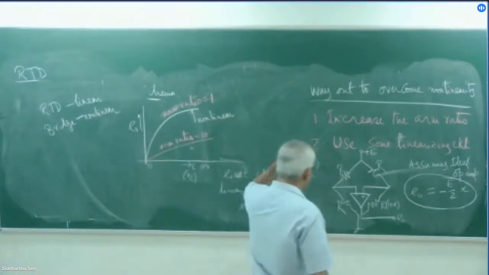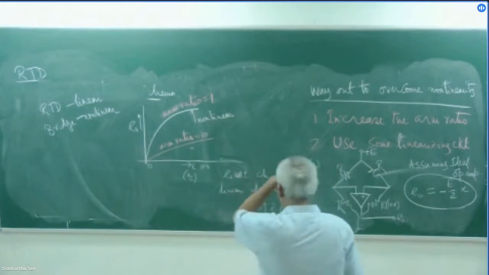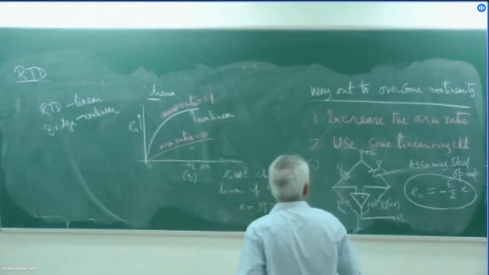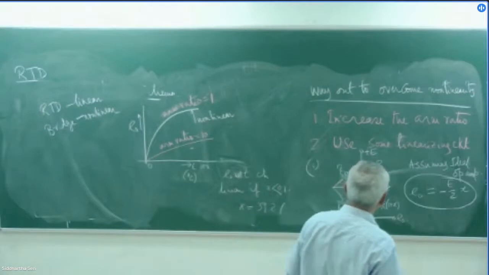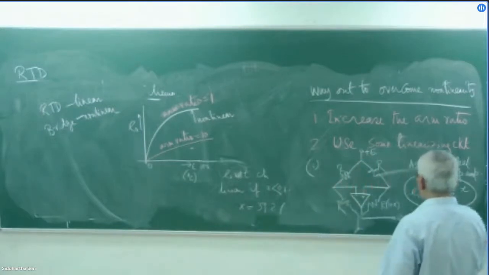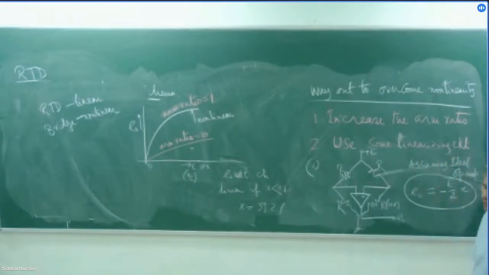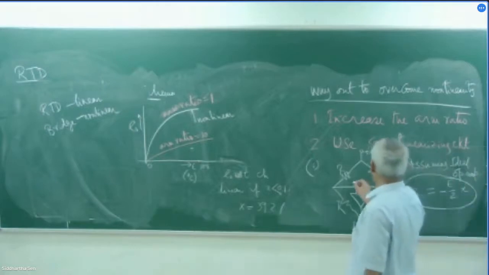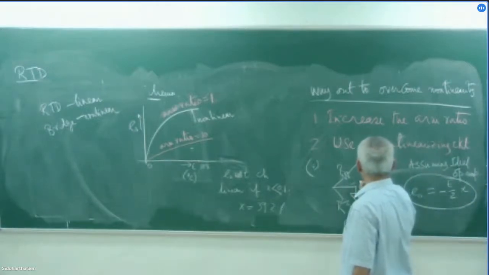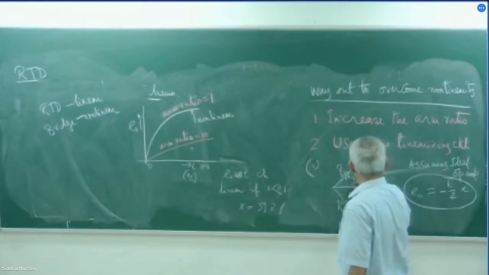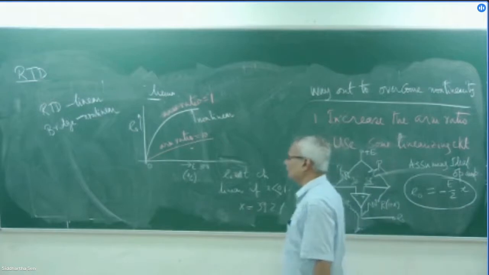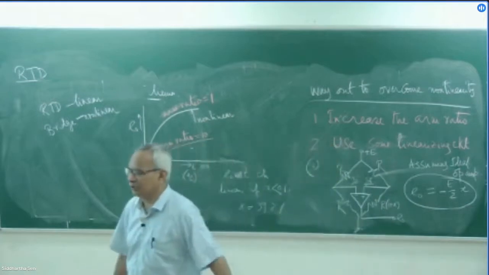But if I make some changes, the bridge output can be proportional to the linear RTD. Obviously, this uses an ideal op-amp, but there would be some bias currents, IB minus and IB plus, and they will always cause an offset voltage.